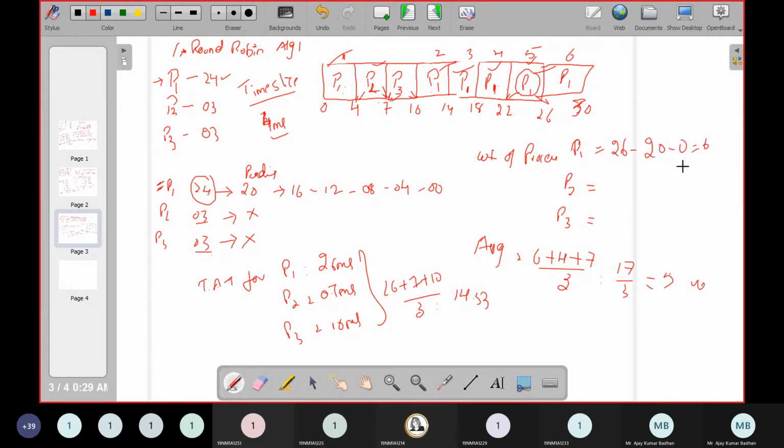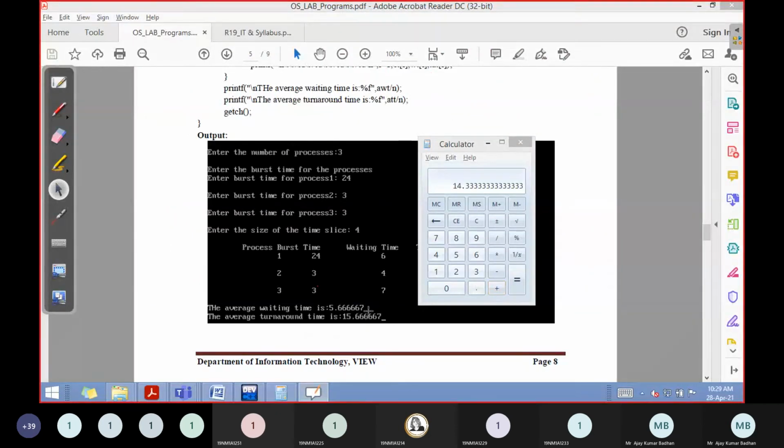So this is 6 milliseconds. Then for P2 it will be the same: 4 minus 0, that is 4 milliseconds. P3 will be 7 minus 0 because it did not execute previously, so 7 milliseconds. Arrival time is 0. So 6 plus 4 plus 7, and we got 5.6, and I guess that is what we got here, 5.667.